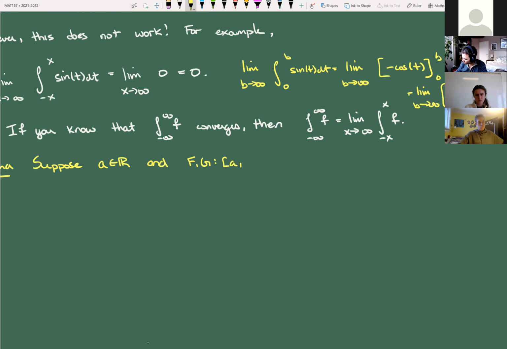And that does not exist, right? Because cosine just keeps oscillating. And so as you write it, cosine doesn't have a horizontal asymptote. So when you take the limit of cosine as B goes to infinity, you get something which doesn't exist. So this tells you that the one-sided improper integrals for sine don't exist. And because the one-sided improper integrals for sine don't exist, its two-sided one can't exist either.